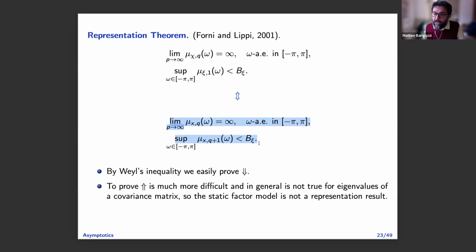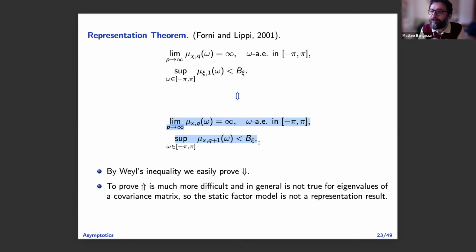So that's what I was saying. If you look at the eigenvalues of the spectral density, and you see that some are spiking, then there must be a factor model according to this theorem. Obviously, there are assumptions that make this theorem work. So I'm not saying that this is always the case. Obviously, the spectral density must exist, first of all, okay? Because otherwise, obviously, you cannot prove anything. But it takes 10 pages to prove the other implication, okay?